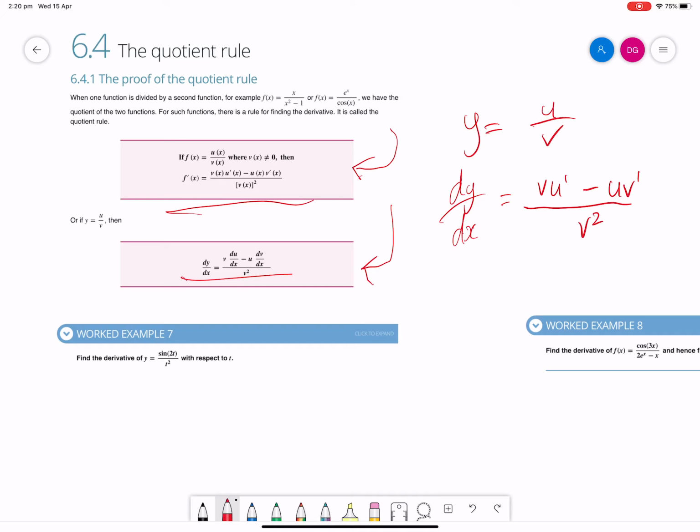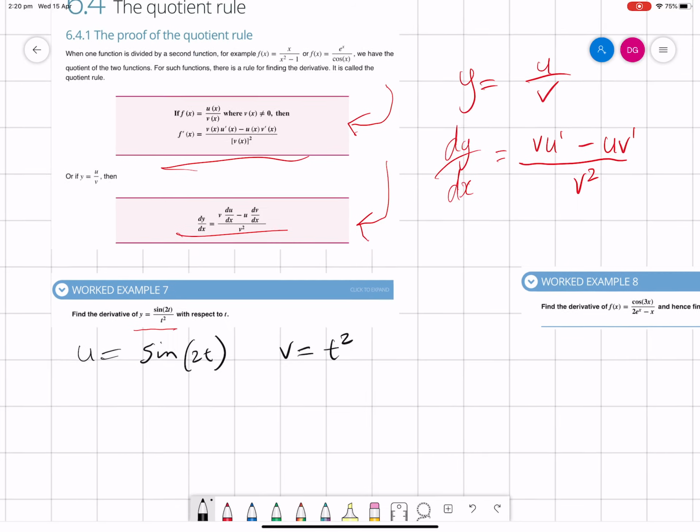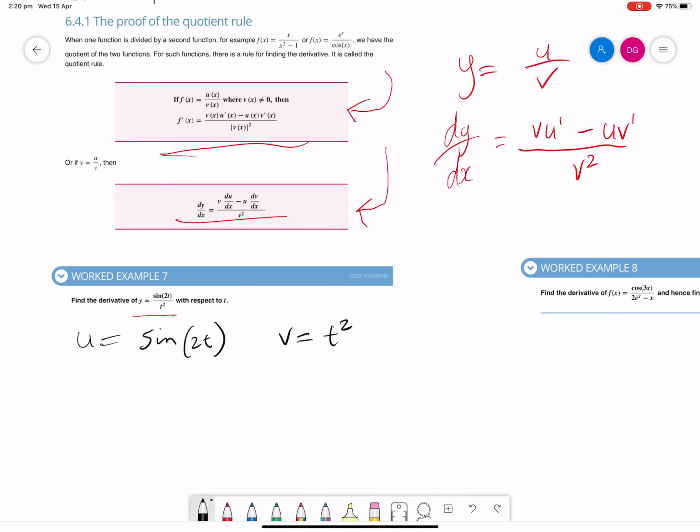In this example, we've got to find the derivative of this function. What we need to do is work out what u is. So u, in this case, is sine of 2t, and v is t squared. The next thing we need to do is differentiate each of u and v.